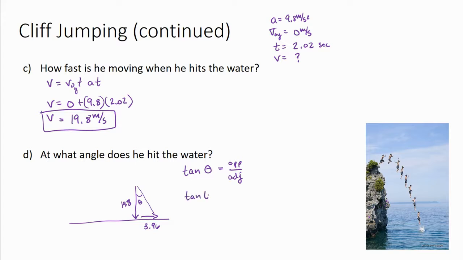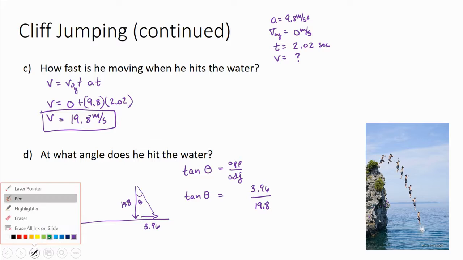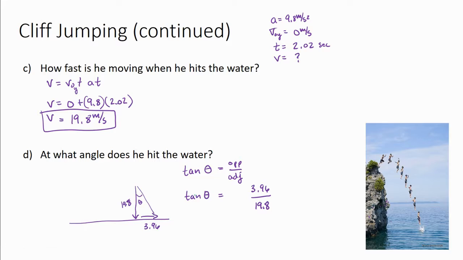So tangent of theta is equal to opposite, 3.96, over adjacent, 19.8. In order to do this, you have to untangent the tangent. That's arc tangent or inverse tangent. Whatever you do to one side in algebra, you have to do to the other side.